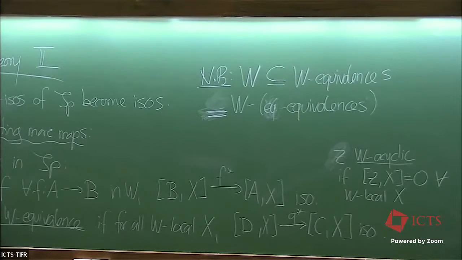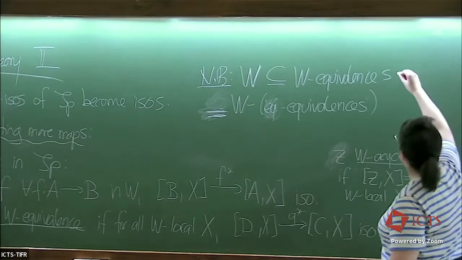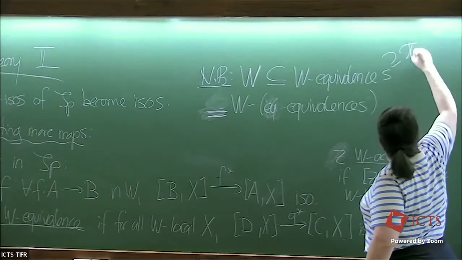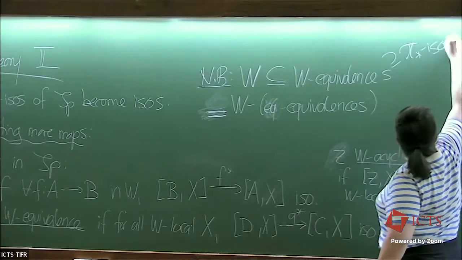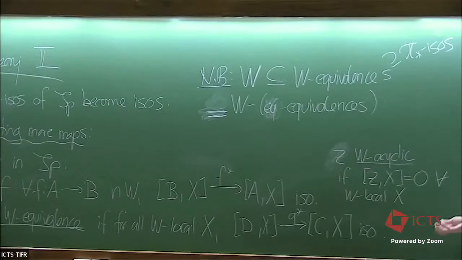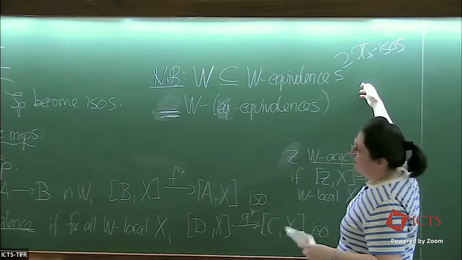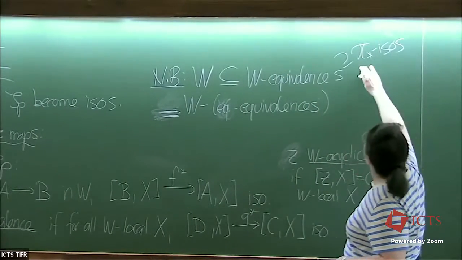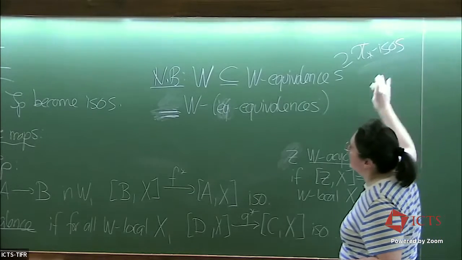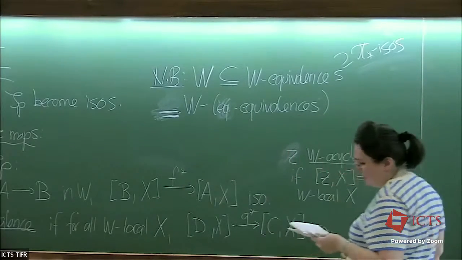And another thing to notice is that also just by definition, by looking at it, you can see that those W equivalences also include pi star isomorphisms. So we see that here we have something relatively reasonable that includes these things and this, whatever that W is.